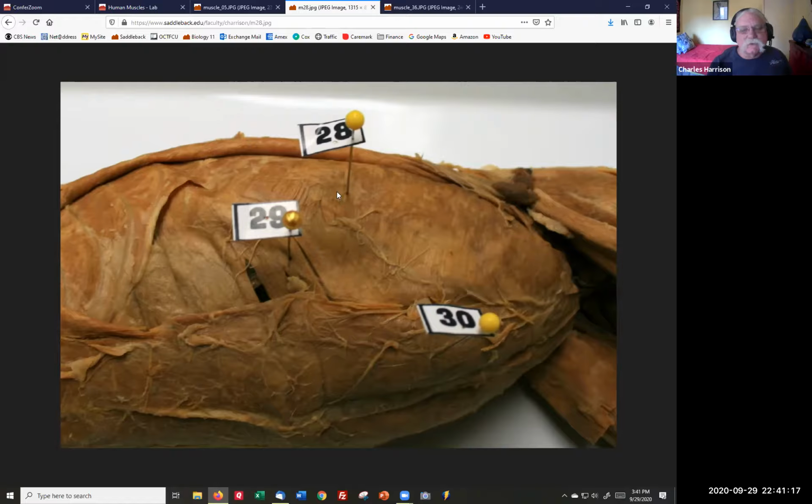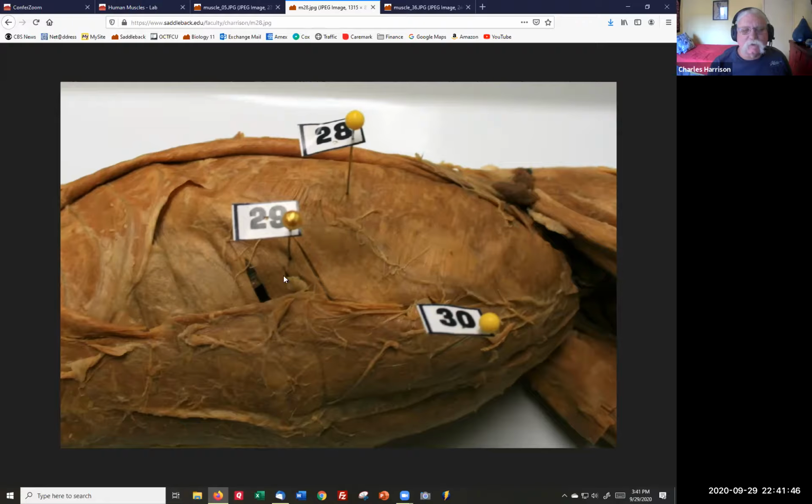Here's the internal oblique. On the internal oblique, you'll notice the striations are running upward. The midline is right here. The internal oblique runs this way. And here, number 29, the person managed to get some transverse abdominis showing.